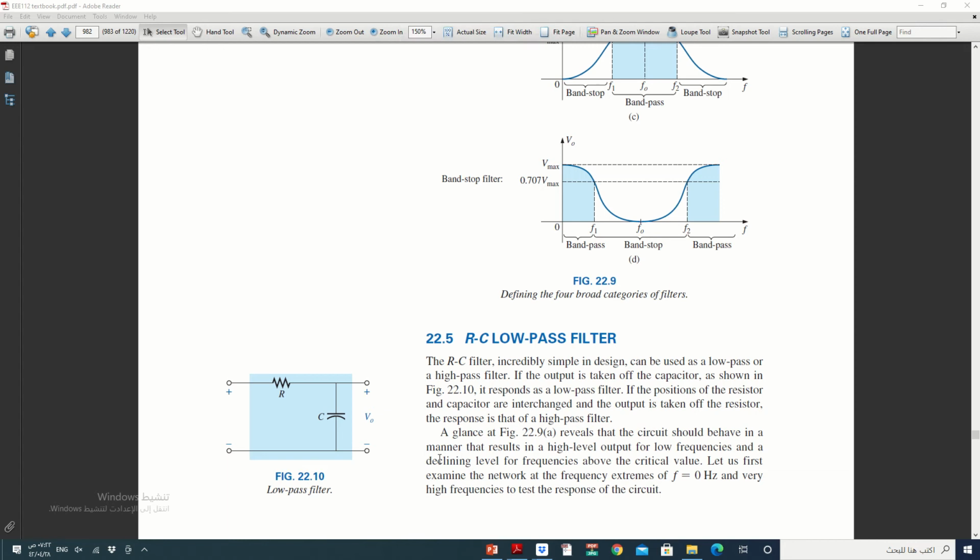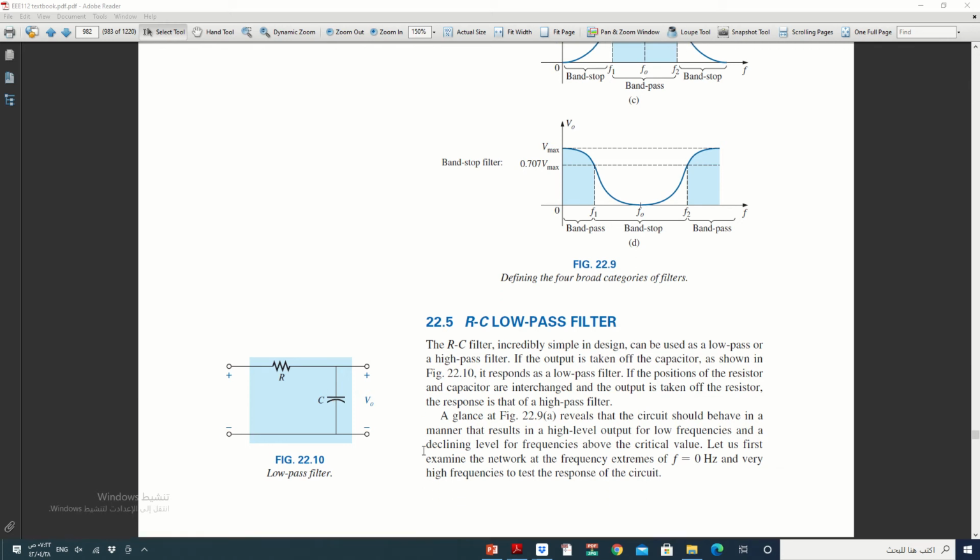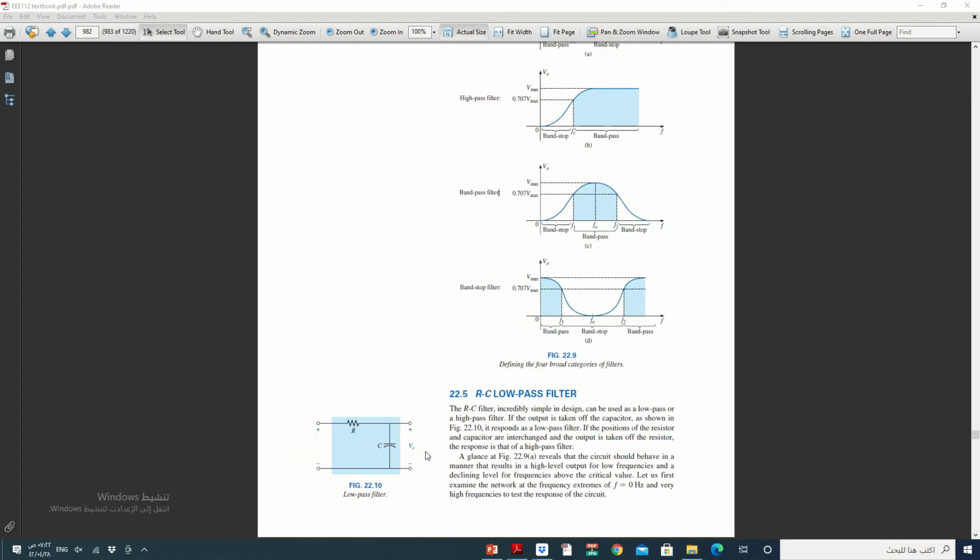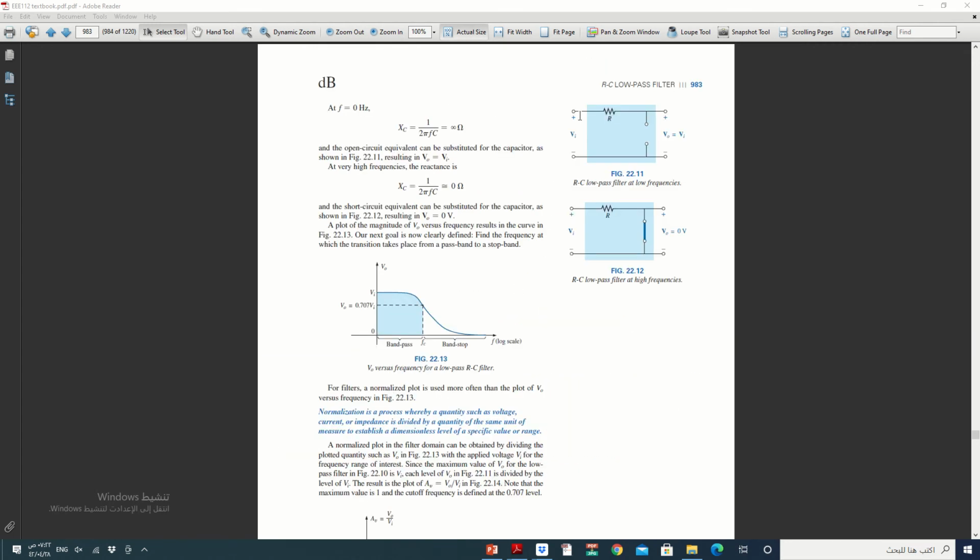To see the behavior of this circuit, we can look at the capacitor if we substitute the frequency and the reactance, at 0 or high frequency. You can see here XC equals 1 over 2 pi fC.